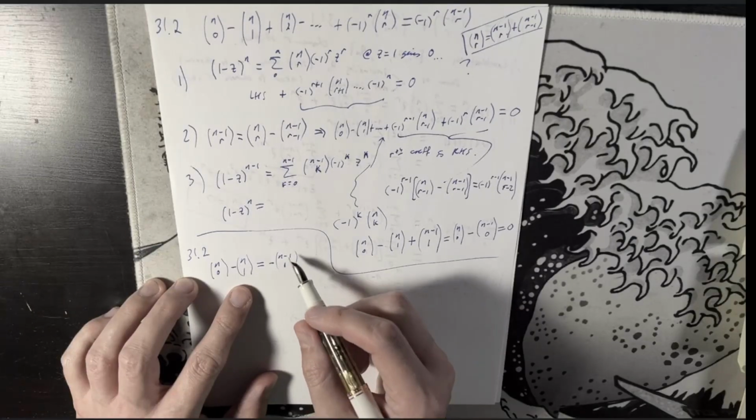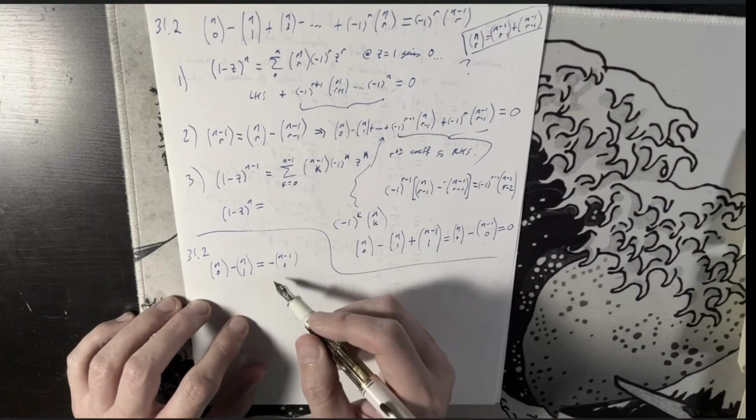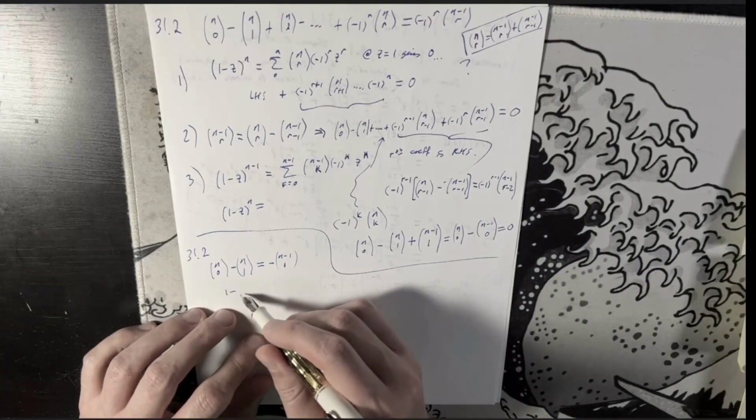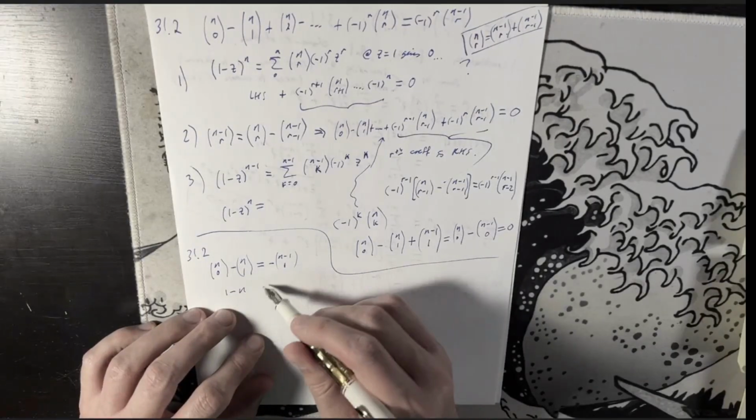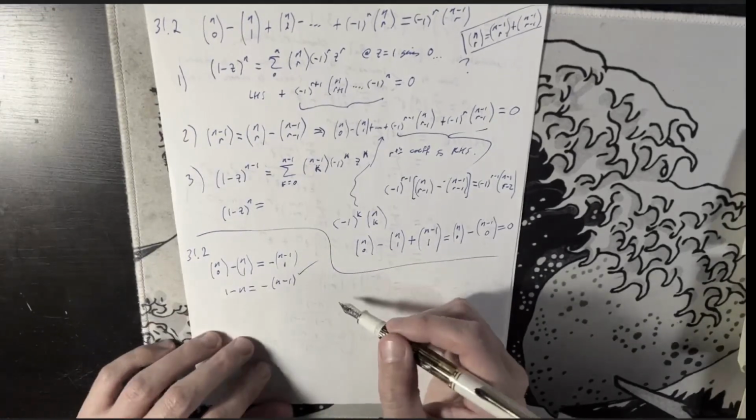This is obvious, right? For some reason I'm not seeing it. Oh, yeah, okay, of course. This is 1 minus n. This is the negative of n minus 1. So there's your base case.